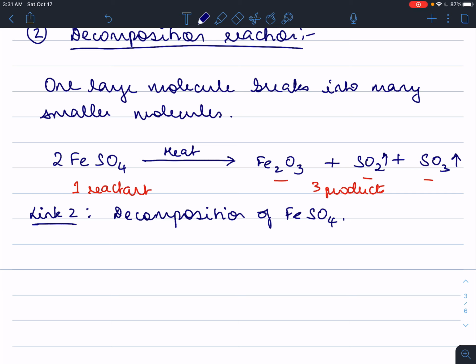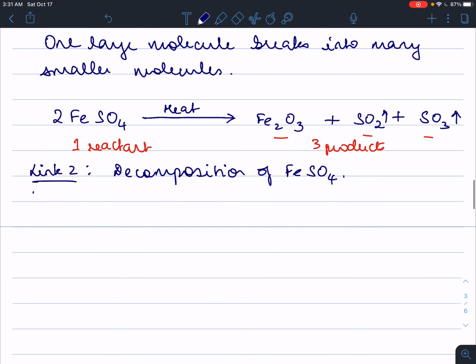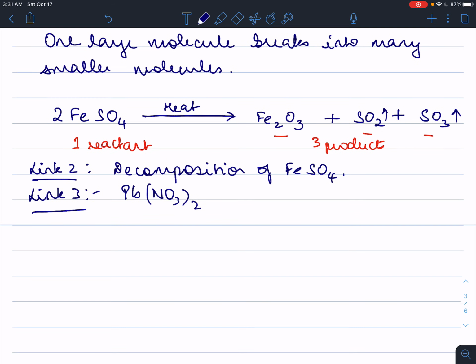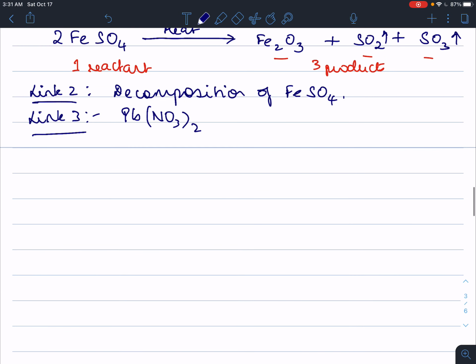No. There is another one which you can see in link 3, Pb(NO3)2, which is lead nitrate decomposition. So what happens then? If you take lead nitrate and you heat it, you get lead oxide, oxygen, and nitrogen dioxide.